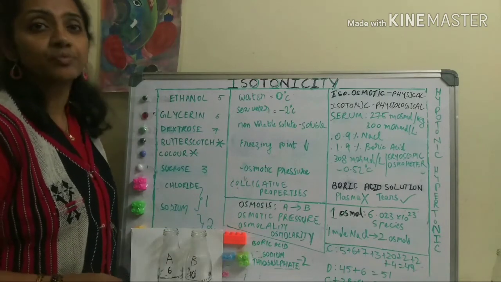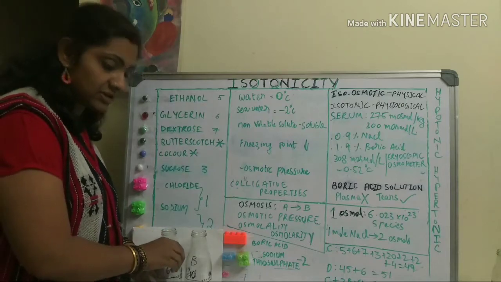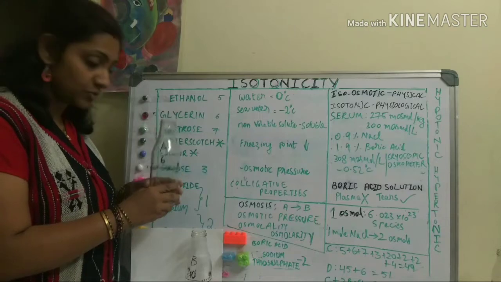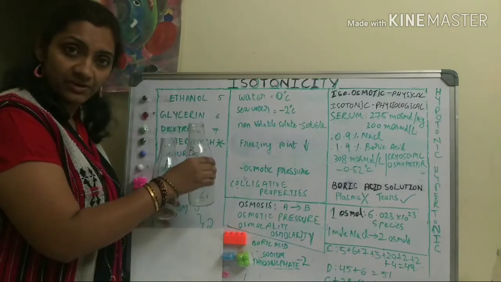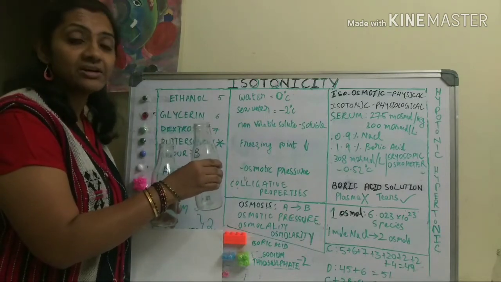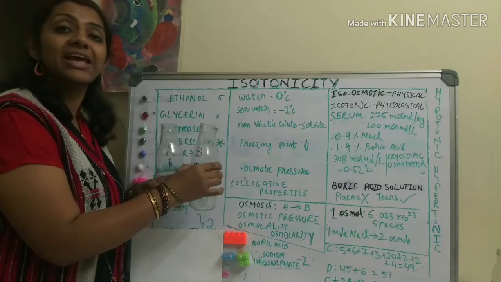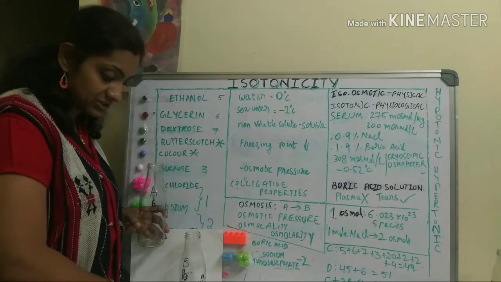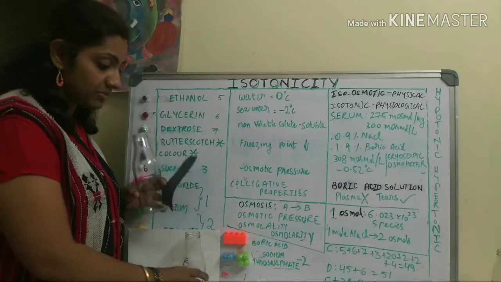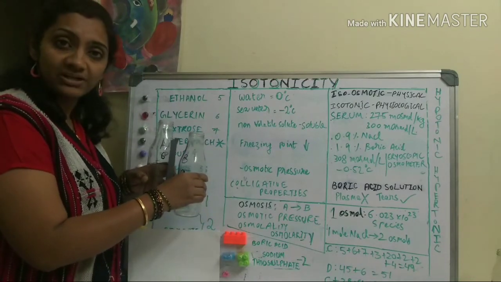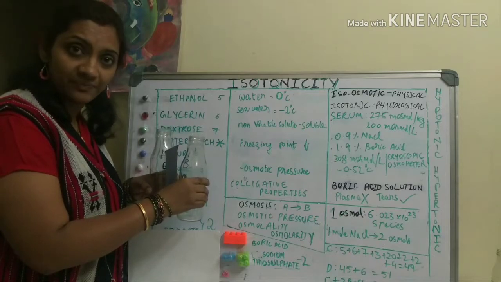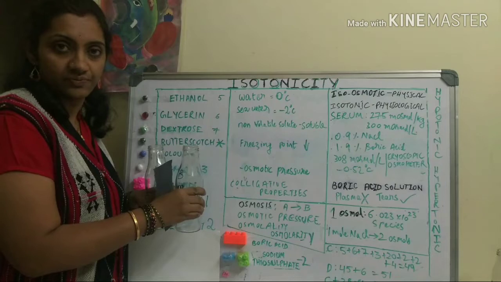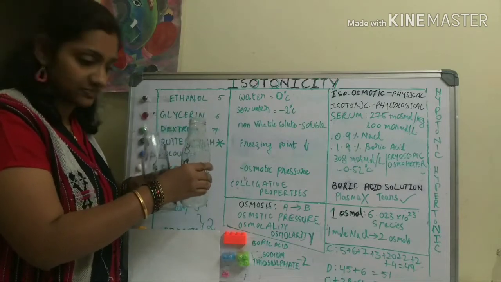Now I'd like to use some props just for the sake of conceptual clarity. Here I have two bottles, A and B. Imagine they are cells. If both A and B had just water and they are separated by a semi-permeable membrane, there would be no net movement of water molecules, because it's just water on either side.